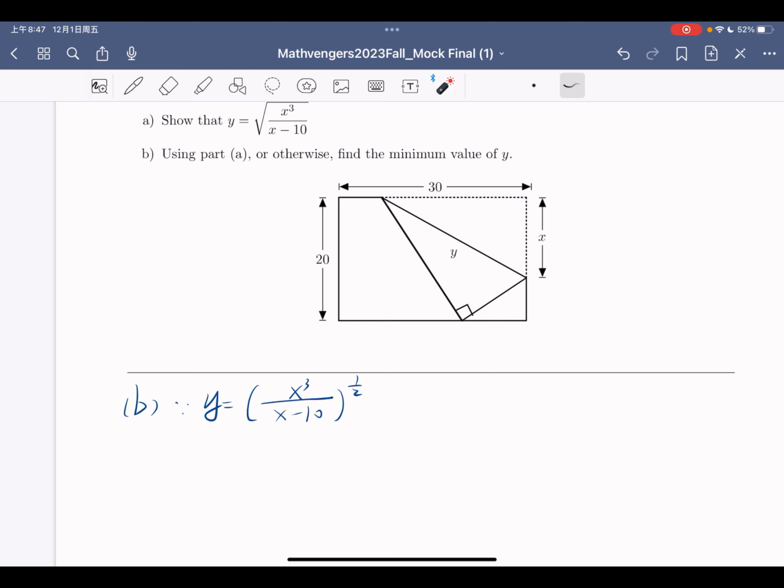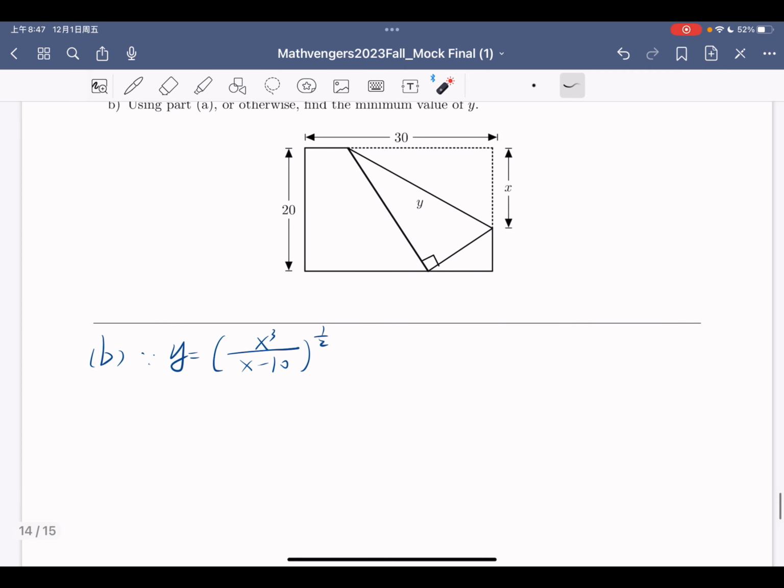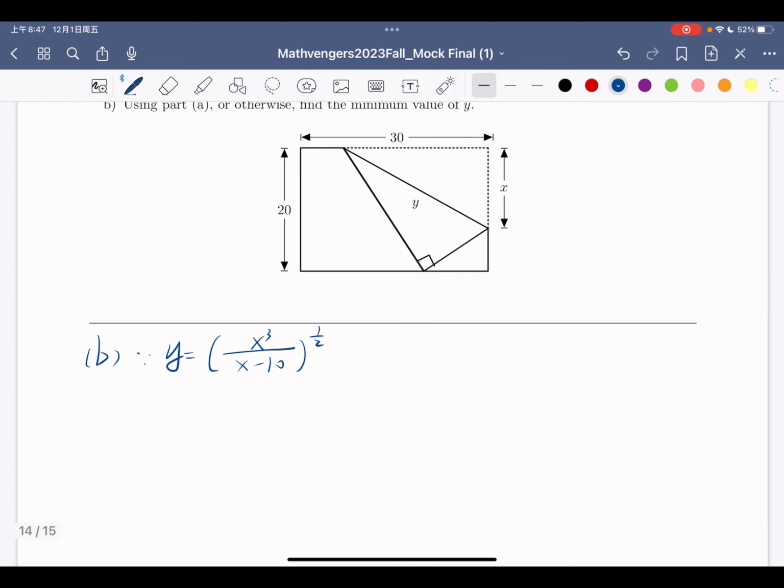Okay, so the derivative dy over dx should be 1 over 2 times the bracket to the power of minus 1 over 2, multiplied with... Okay, here we need to use the quotient rule to compute the derivative of the inner function.